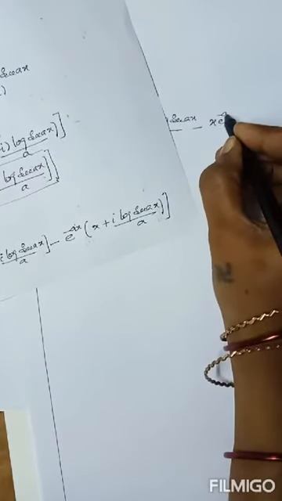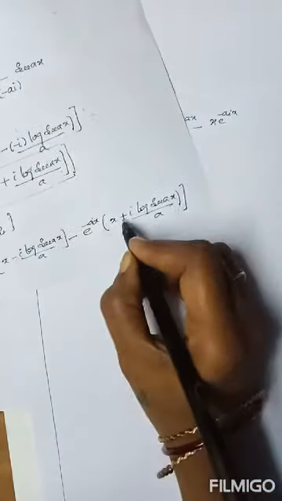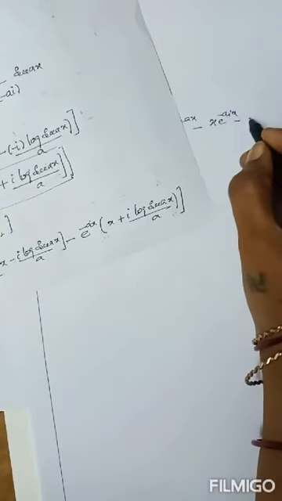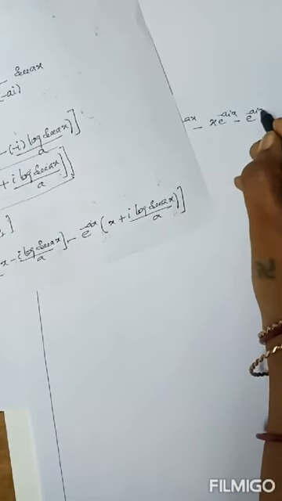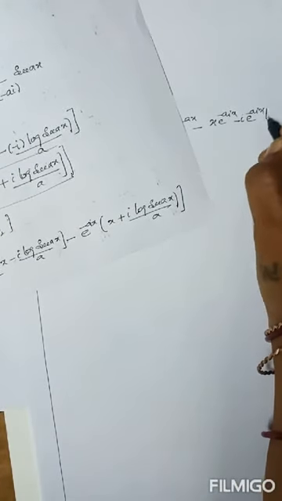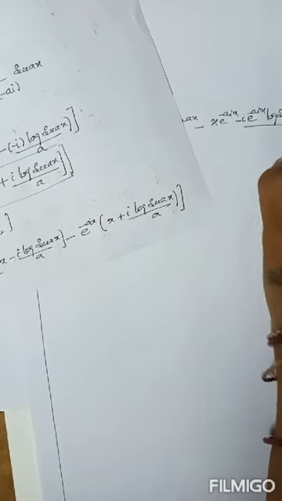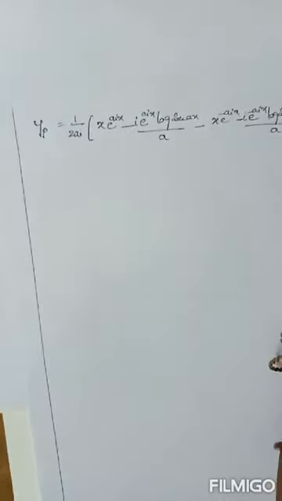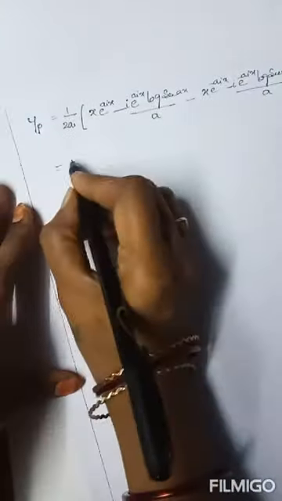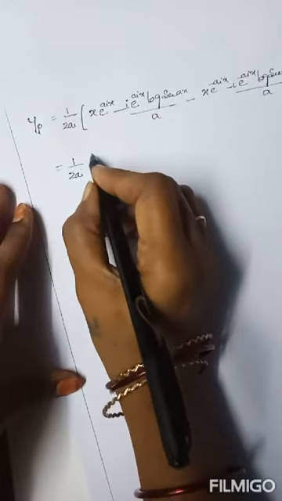Now as per this, the next one is minus e power x into e power minus aix, here minus to plus, minus e power minus aix i log of secant ax by a. After that, 1 by 2ai.